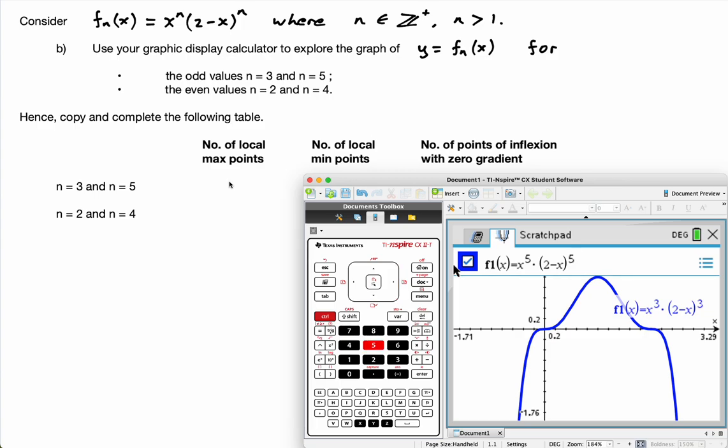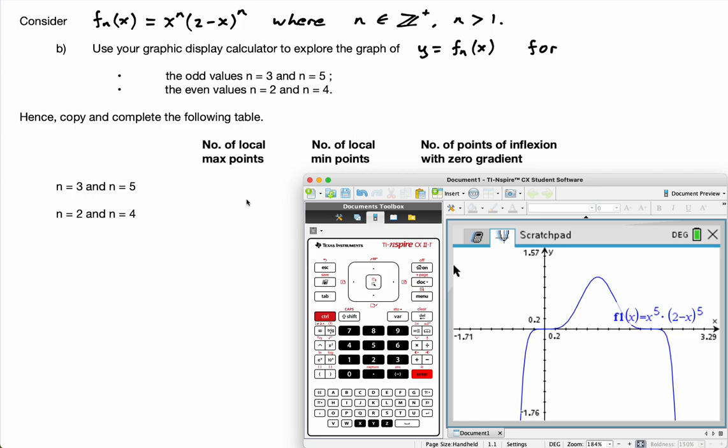Let's have a look. Yeah, good. There's that 1 maximum, there's no minimums, and there's these 2 points of inflection, where the concavity changes and the gradient is 0.